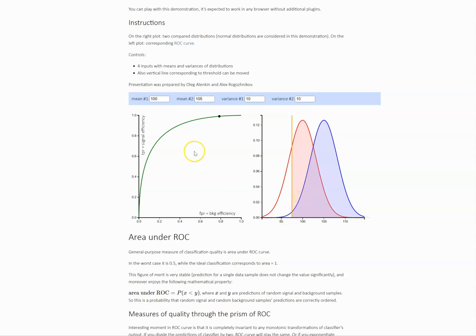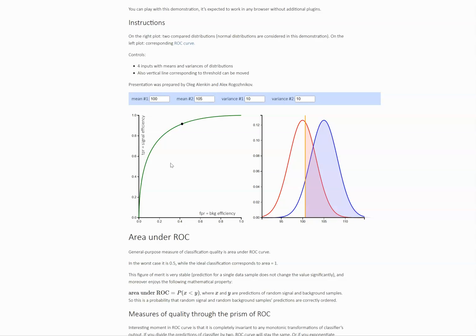Some of them still missed, so we're not quite at 100%. And then a lot more false positives over here. More healthy people being picked up as diseased. That's why we can kind of slide this back and forth and get all of these points along this curve here.